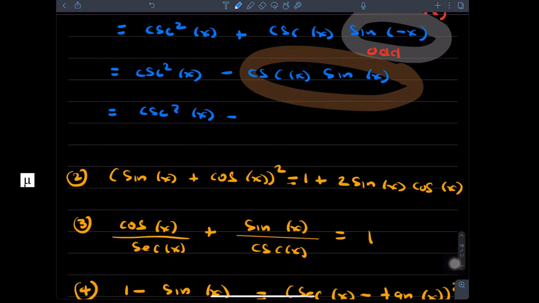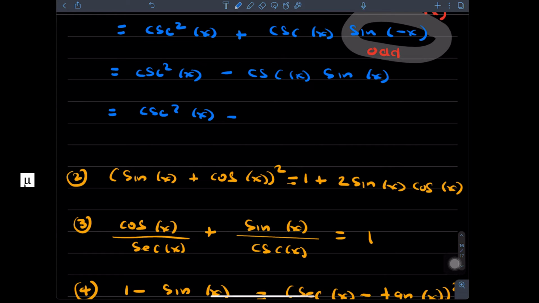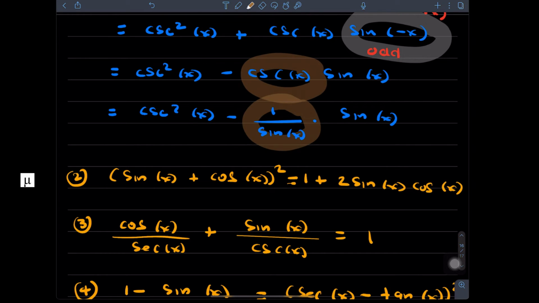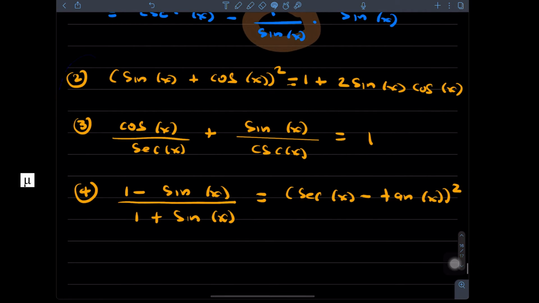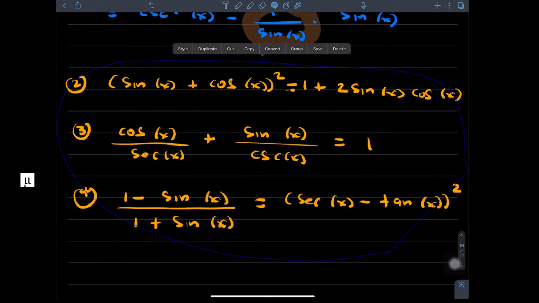Because cosecant is actually 1 over sine times sine. So you're using the reciprocal identity. So go home and memorize those identities, right? Because if you do, it'll be a lot faster. Don't look back at your sheet and go, I don't know what I just did.